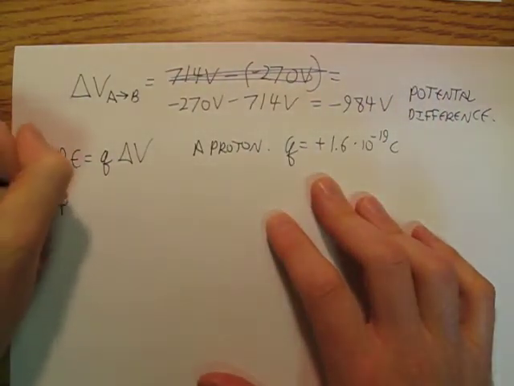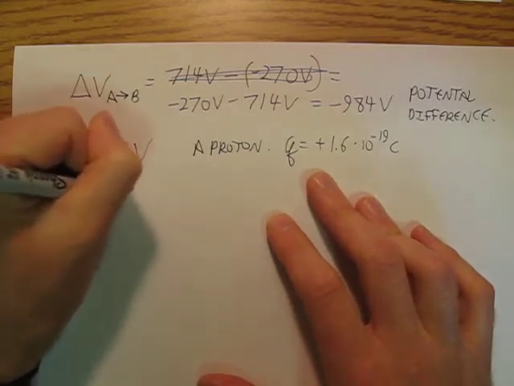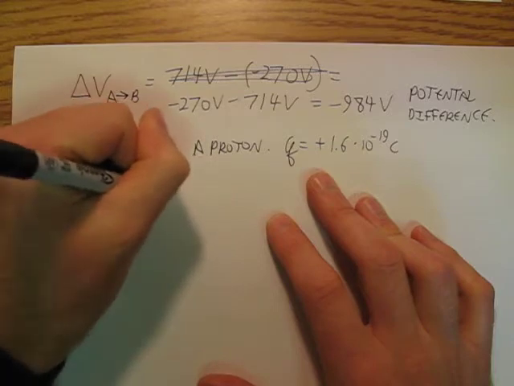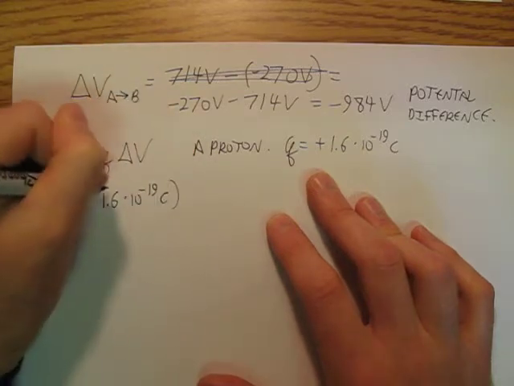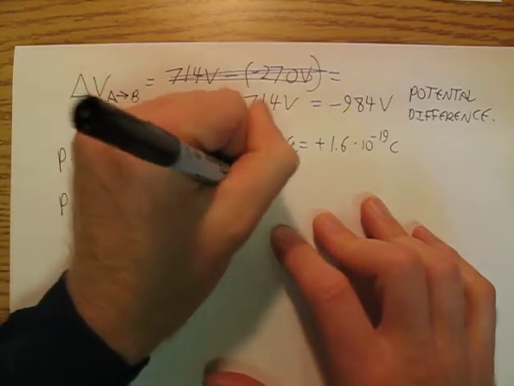Well, the potential energy of that proton is going to be 1.6 times 10 to the negative 19th coulombs times negative 984 volts.